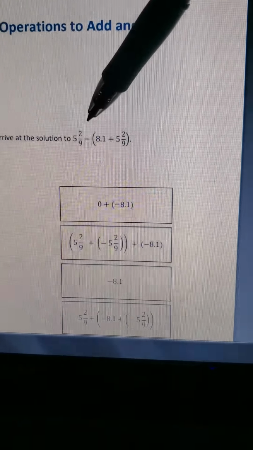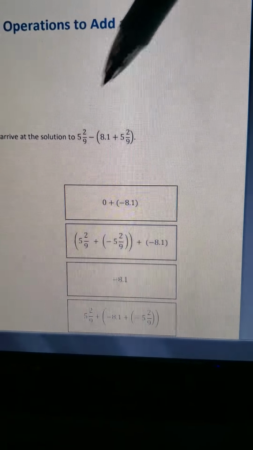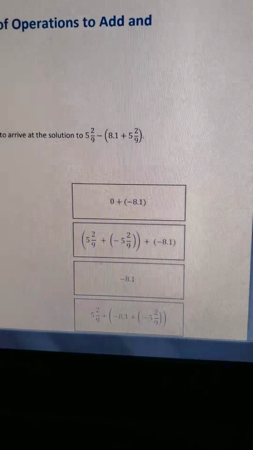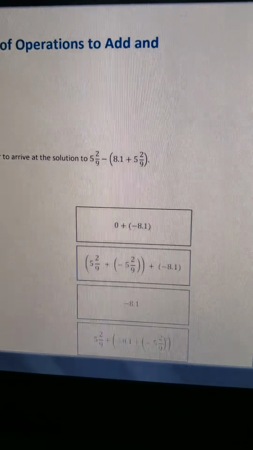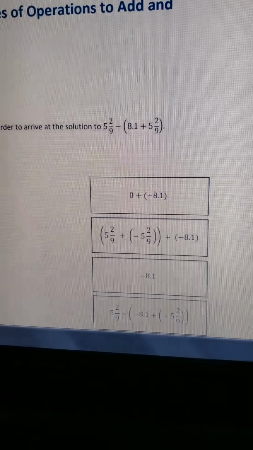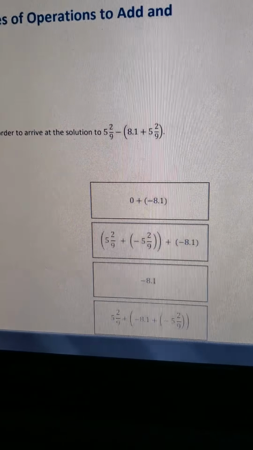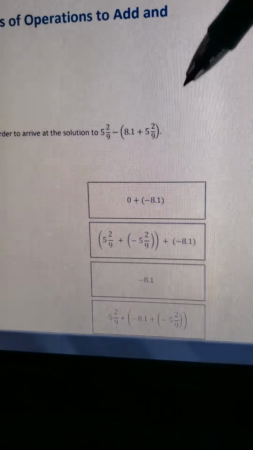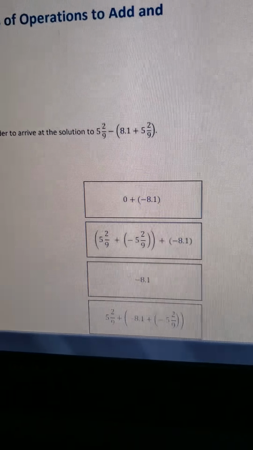Or, because the minus sign is in front of the parentheses, what we could do is change everything inside the parentheses. This is, again, something that's a little different. Because we have a subtraction sign out here, we want to turn it into an addition, but that means everything inside the parentheses gets changed.